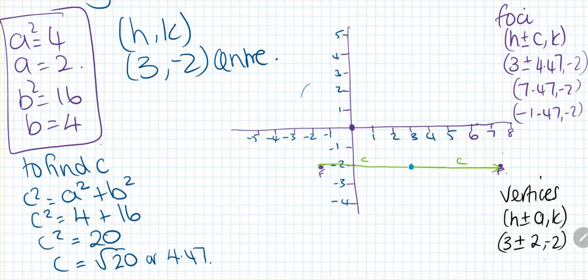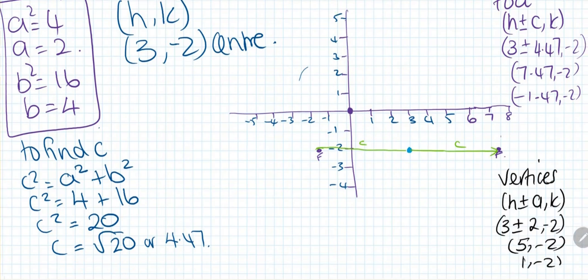So 3 plus 2 is 5, minus 2, and 3 minus 2 is 1, minus 2. So we have a vertex here at 1, minus 2, and a vertex here at 5, minus 2.